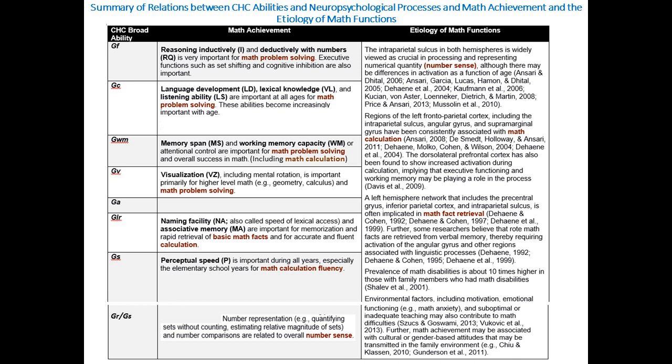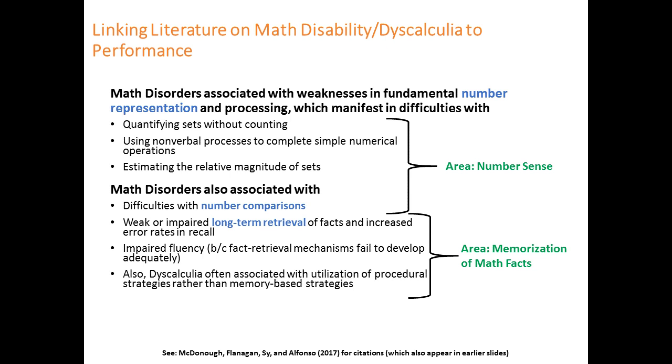Then in the math achievement column, you see narrow abilities within those specific areas that are closely associated with math achievement, and then the etiology of math function. The idea is that when we set out to do an evaluation, we want to ensure that we're including tests that measure the different abilities and processes that are most important for understanding math learning disability.